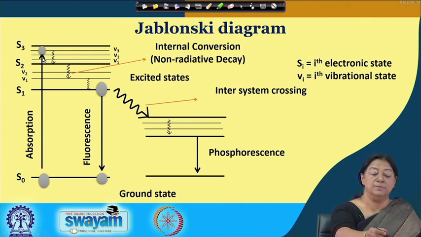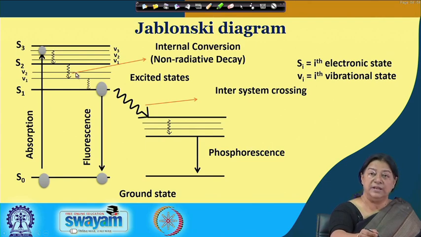When we have absorption, this molecule is in the higher electronic state, or a higher vibrational level belonging to a higher electronic state. It will gradually lose this energy, dissipate and come down to the lowest excited electronic state, whereby it can radiatively lose the energy, which will amount to fluorescence.